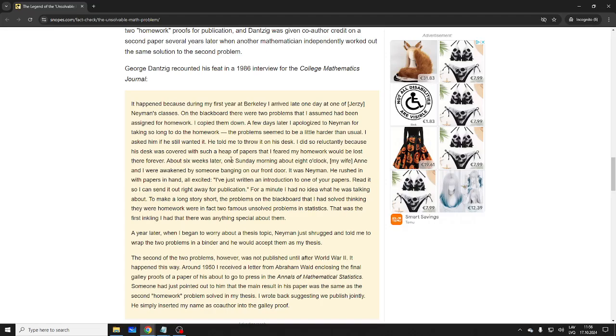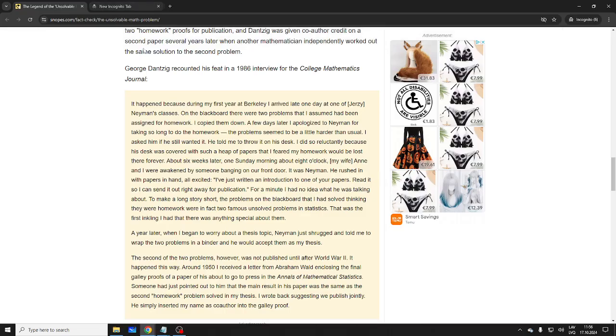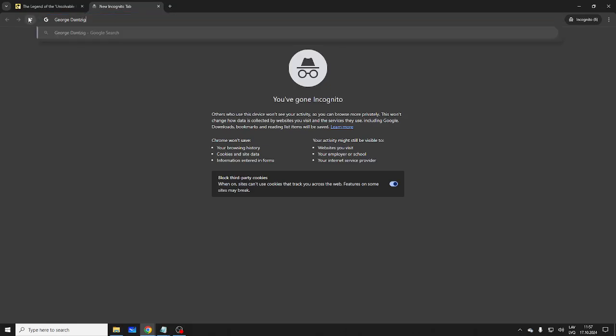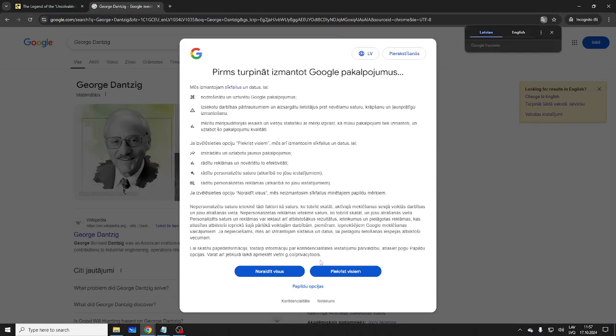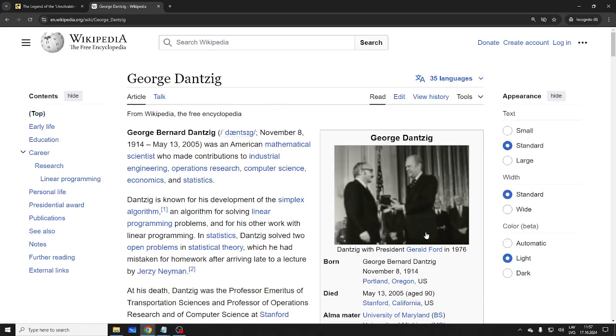He did a lot of optimization. He's pretty famous, like I said. The point, of course, is that if you don't know it cannot be done, maybe you can do it. He lived a pretty long life, almost 90 years. He looks like a statistician to me. He got the Presidential Medal and so on.